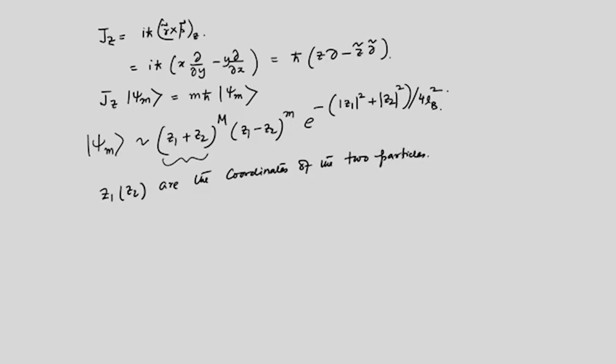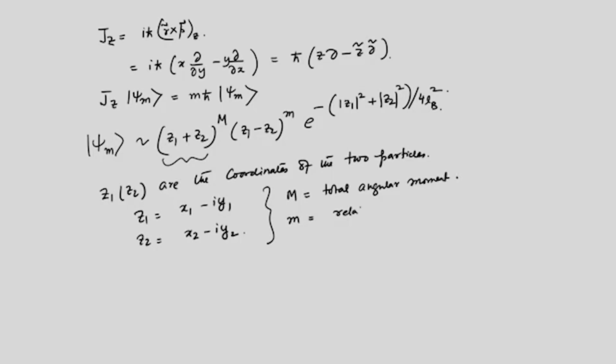So, they are like x1 minus i y1 and z2 is equal to x2 minus i y2. And along with that, M is the total angular momentum of the system of two particles, and m is the relative angular momentum, that is mod of j1 minus j2.